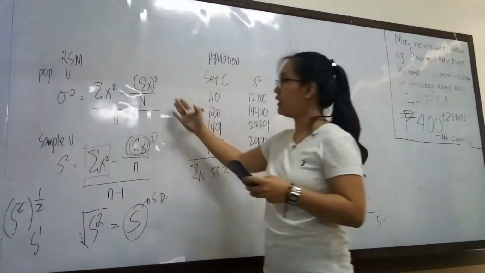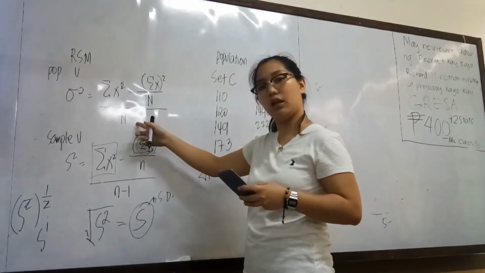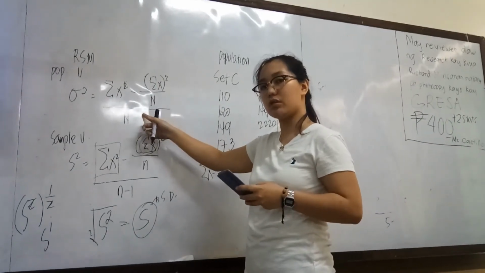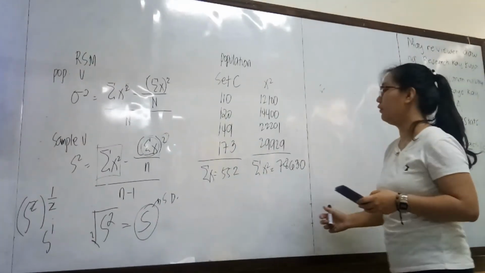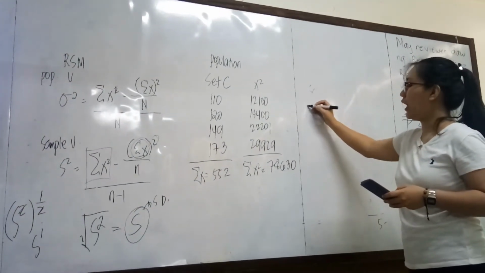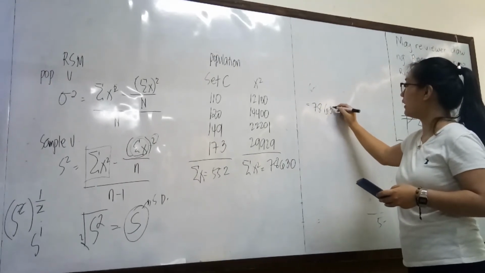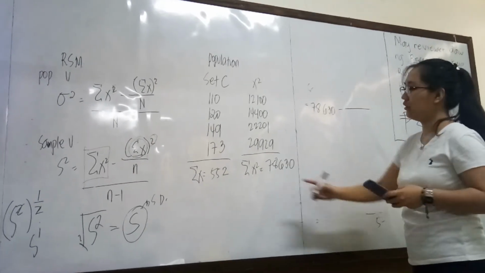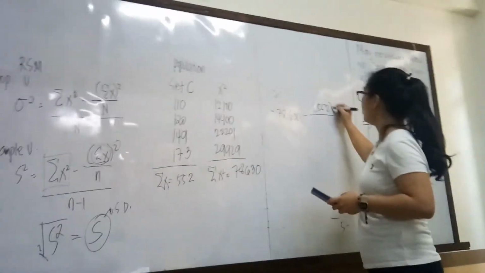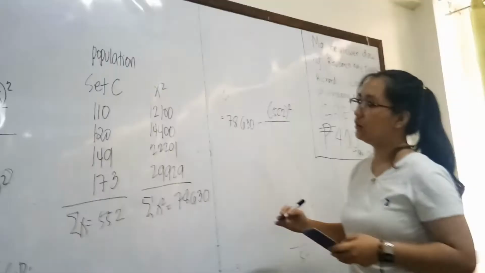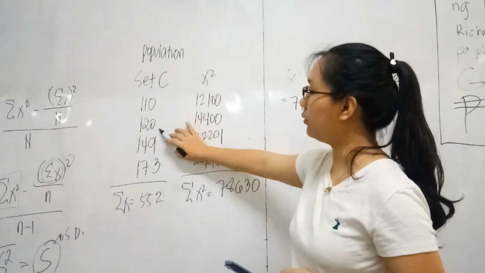Okay. So, let's see. Ang kaibahan lang naman, yan, mas madali nga to eh. Kasi, we have your population size already. There is no minus 1 on the denominator. All we have to do is to substitute. Ang ating summation of x squared, we have 78,630 minus this one will be squared. We have 552 raised to 2. Okay? And our population size is what? 1, 2, 3, 4.